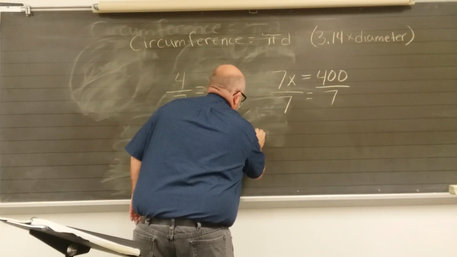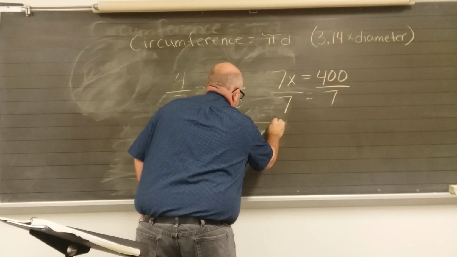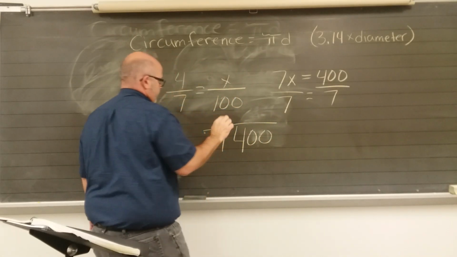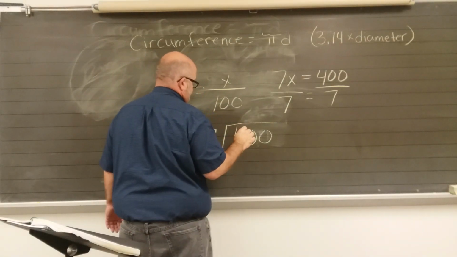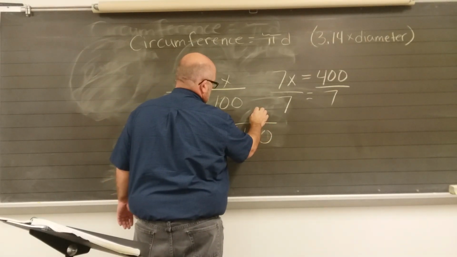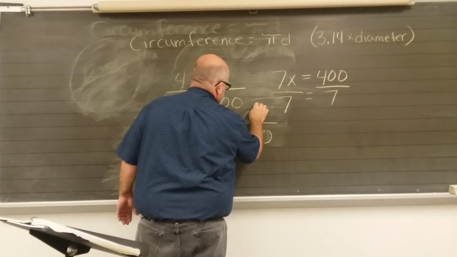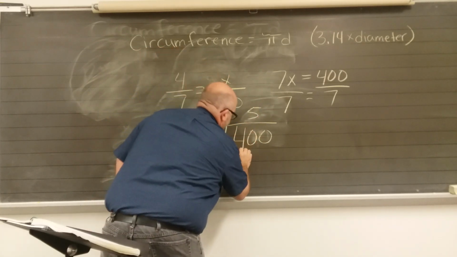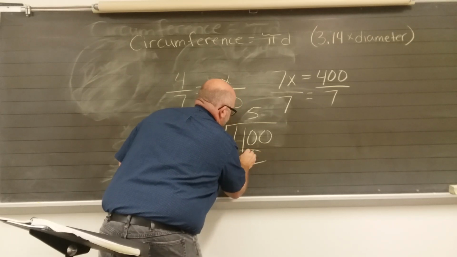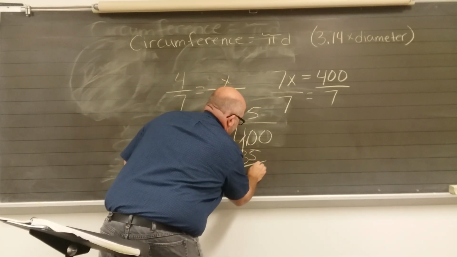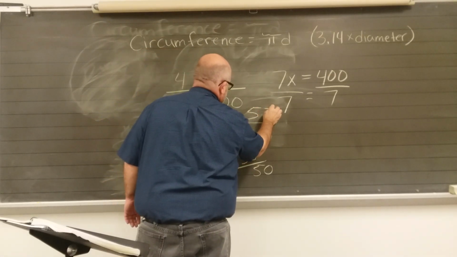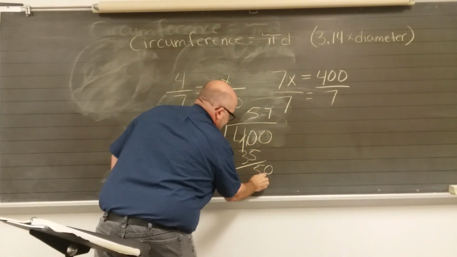Turn these remainders into fractions for now. 7 into 40 is what? 5, 35, 50. 7 into 50 is 7, and that'll be 49.